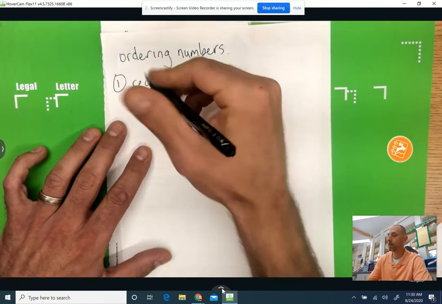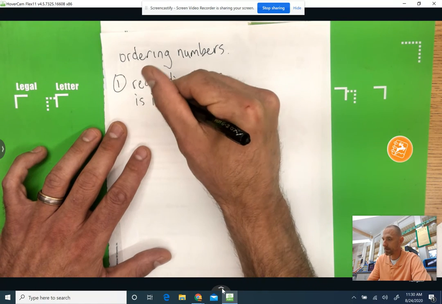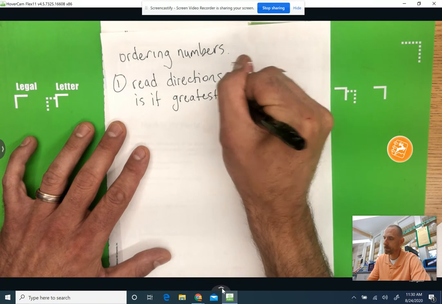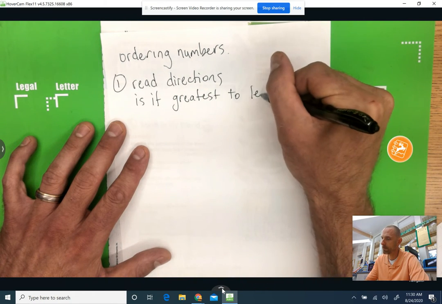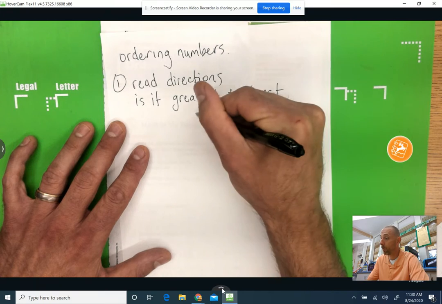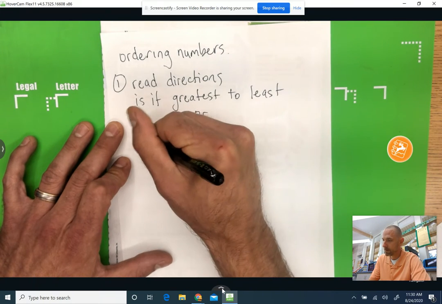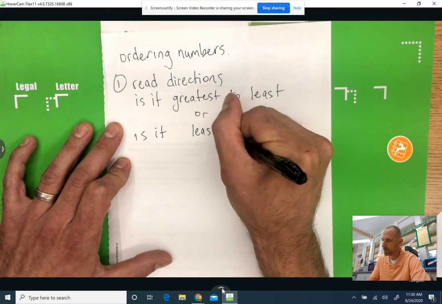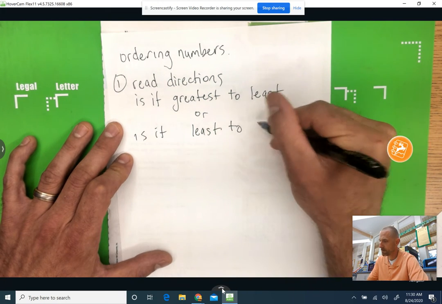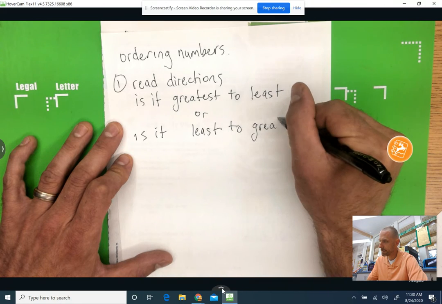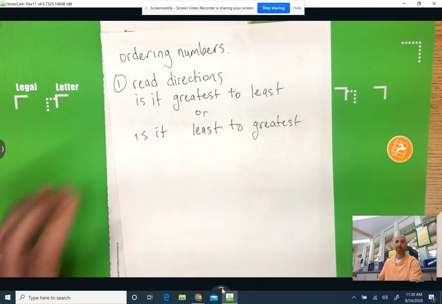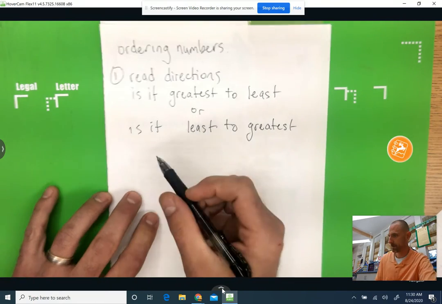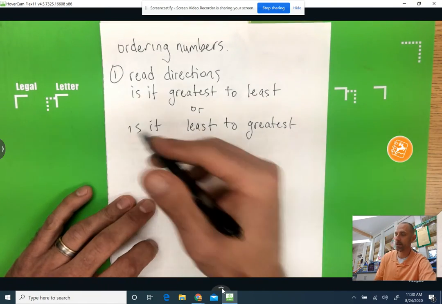Is it greatest to least, or is it least to greatest? Okay, I think that's the hardest part. Remembering to read the directions. We just want to jump in and get started right away.